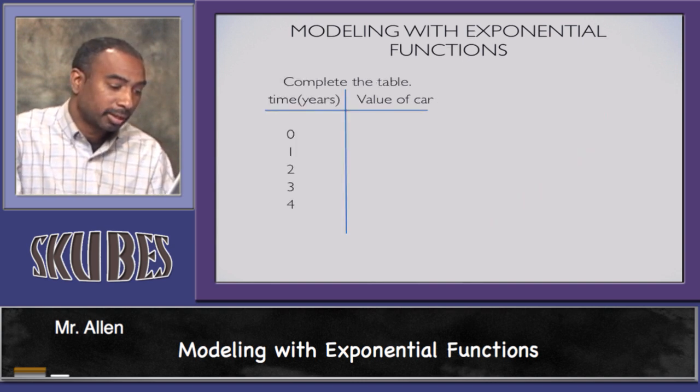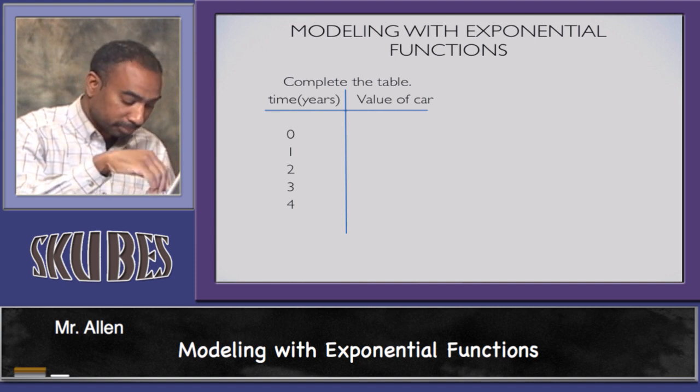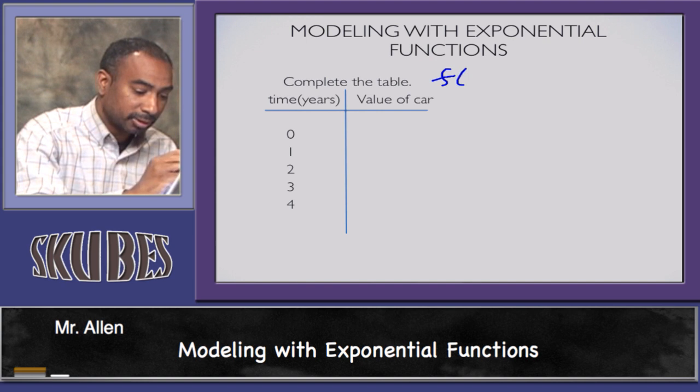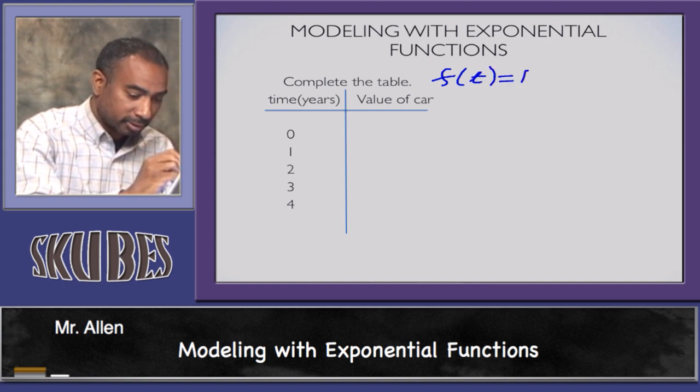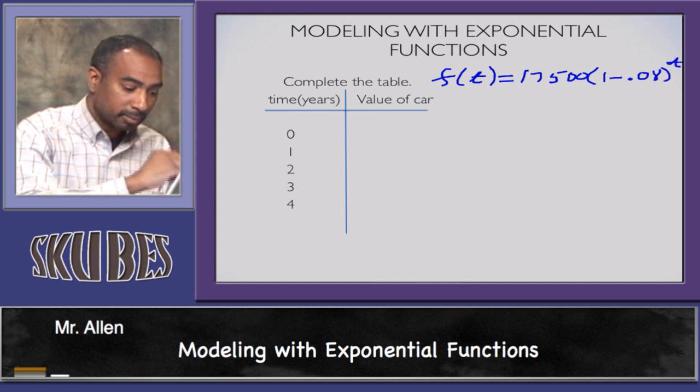Complete the table. We have time in years and the value of her car. So, you remember our function is f of t equals 17,500 times 1 minus 0.08 to the t.